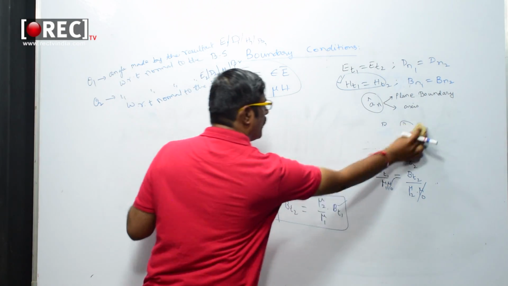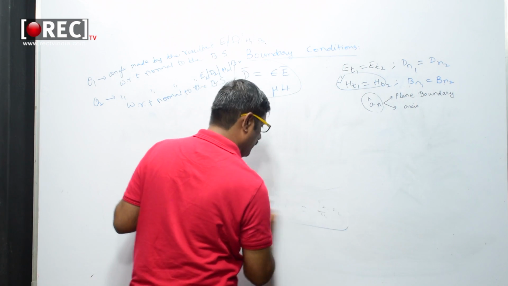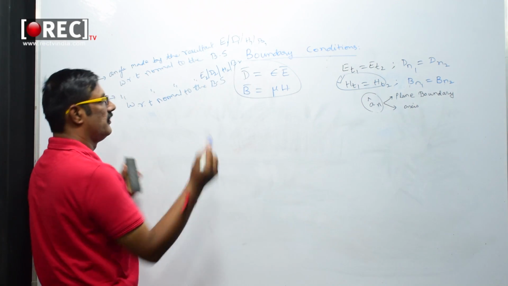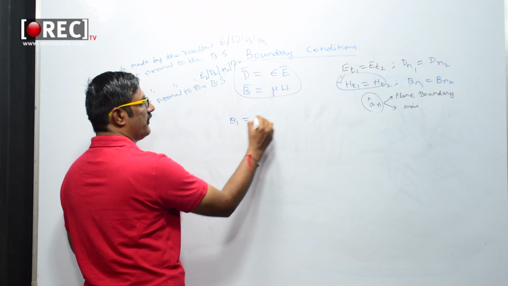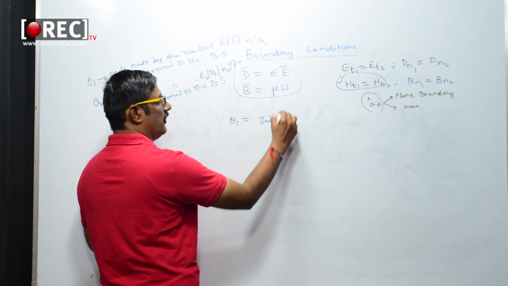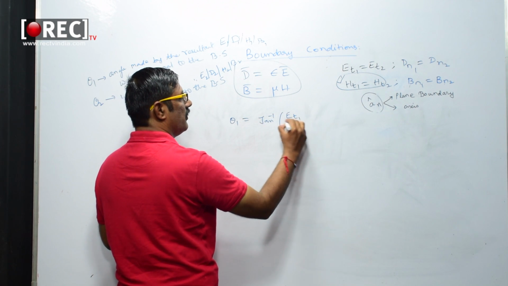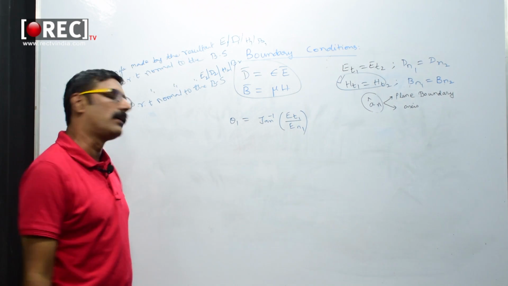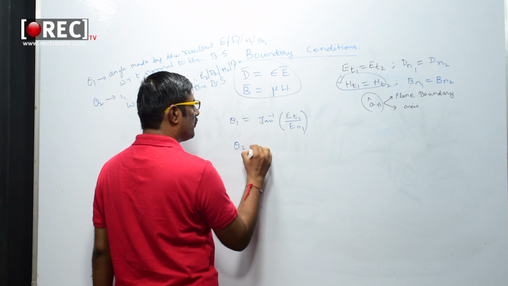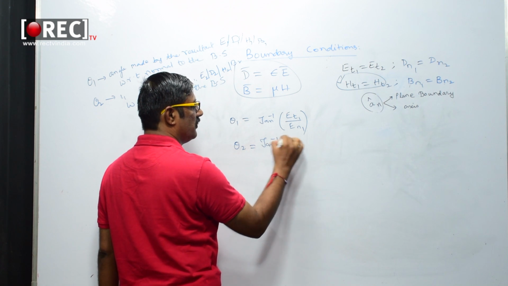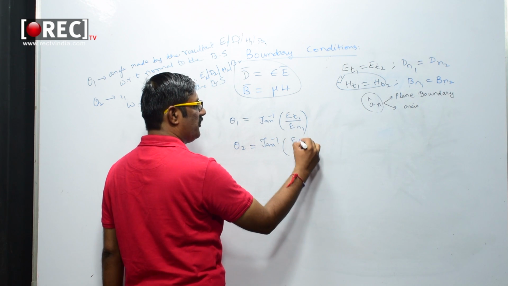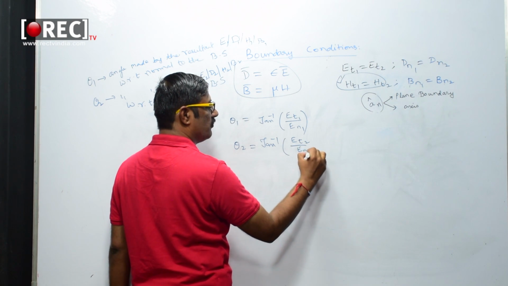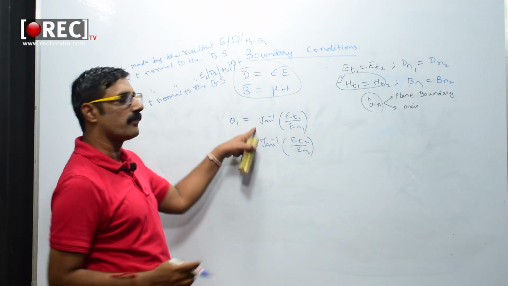Simply, the relation to determine theta 1 is theta 1 equals tan inverse Et1 by En1, as simple as that. And what about theta 2? Theta 2 is tan inverse Et2 by En2. Now if you know Et1 and Et2, you can substitute directly here.